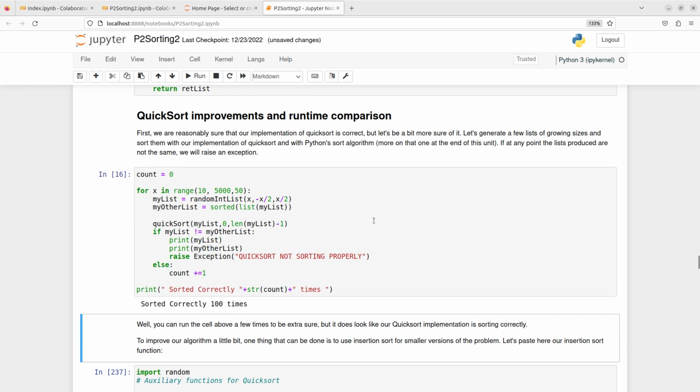Here I have a nice loop where I'm just generating lots of random integer lists and checking whether or not the output that I get is the same as the sorted built-in function in Python. So basically this amounts to checking many times, 100 times in this case, whether or not quicksort sorts correctly, and it does.